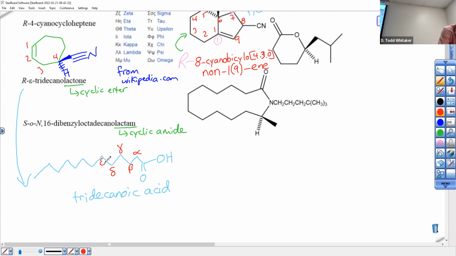Okay, so it's going to be a lactone. So this used to be an alcohol on the epsilon. And that would be, well, why not?